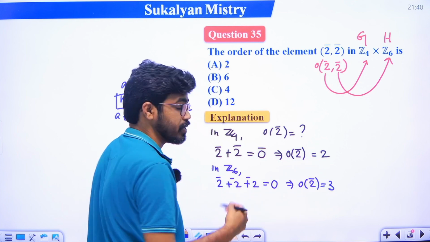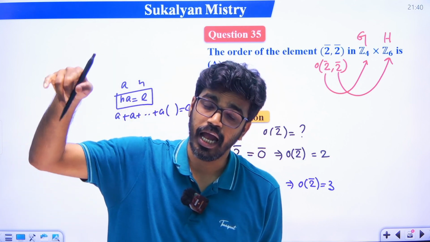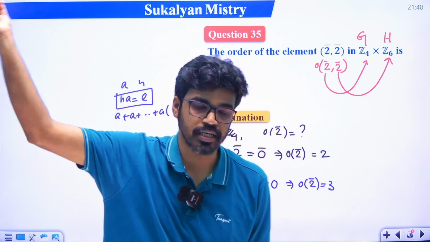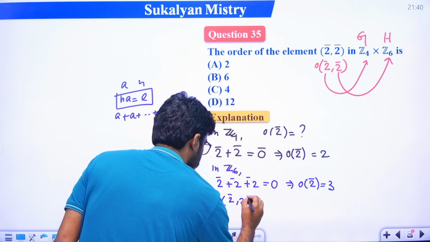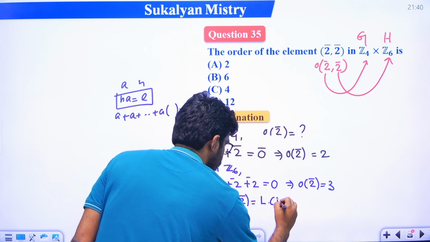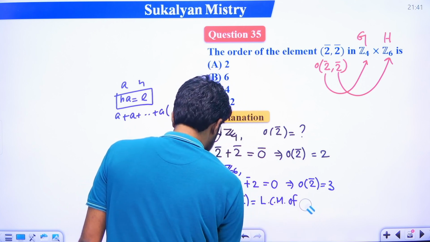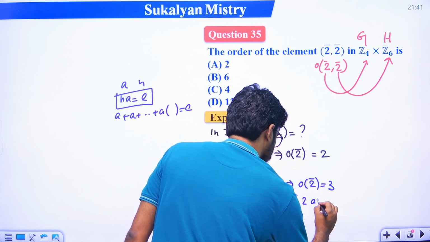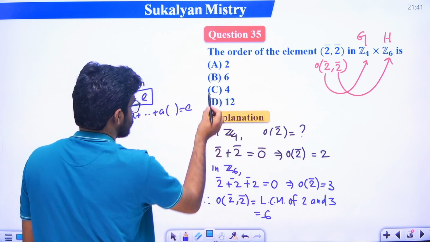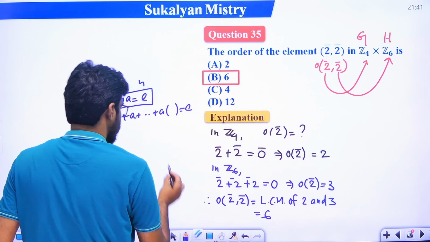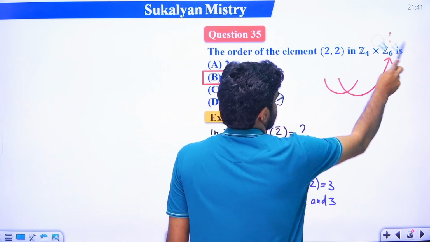So the order of AB, just recall, is equal to the LCM of the order of A in G and the order of B in H. Therefore the order of 2 bar is the LCM of 2 and 3, that is 6. So option D is the correct answer. Okay, I think that is clear.